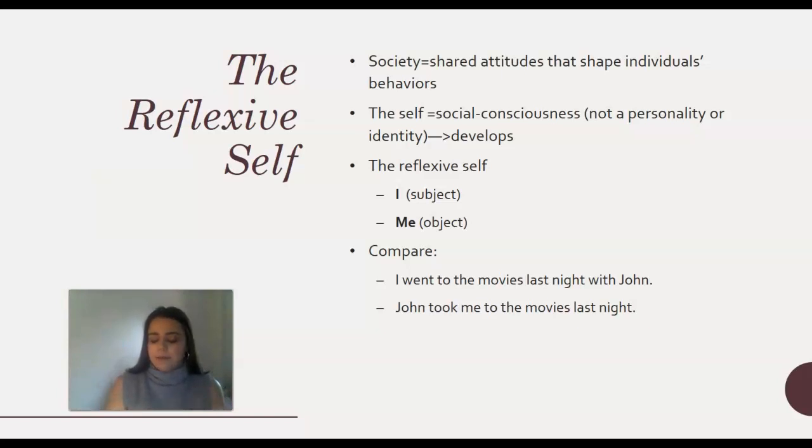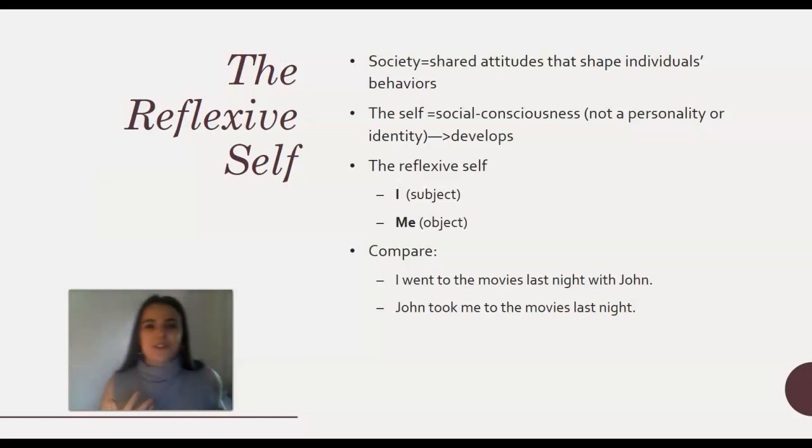Because of this, Mead has a very particular way of understanding the self. Okay, so that inner part of us that we all really hold on to. He doesn't see the self as a personality or a personal identity, but rather a social consciousness that develops as we mature and as we go through socialization.